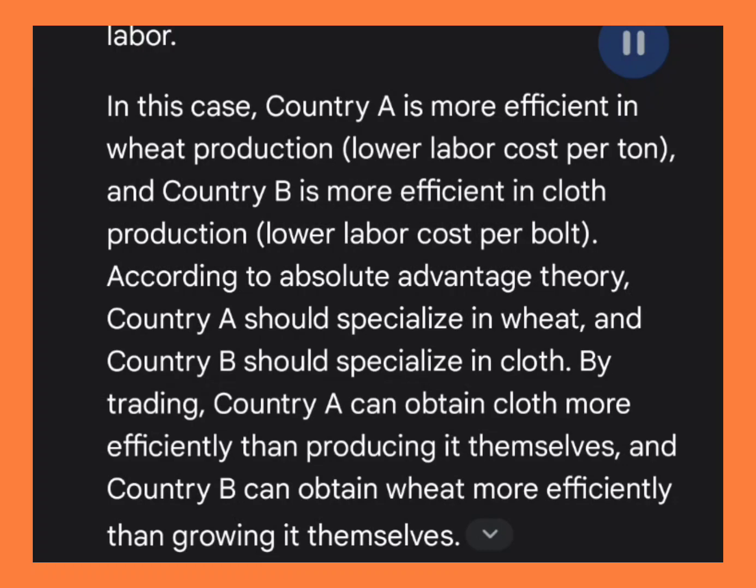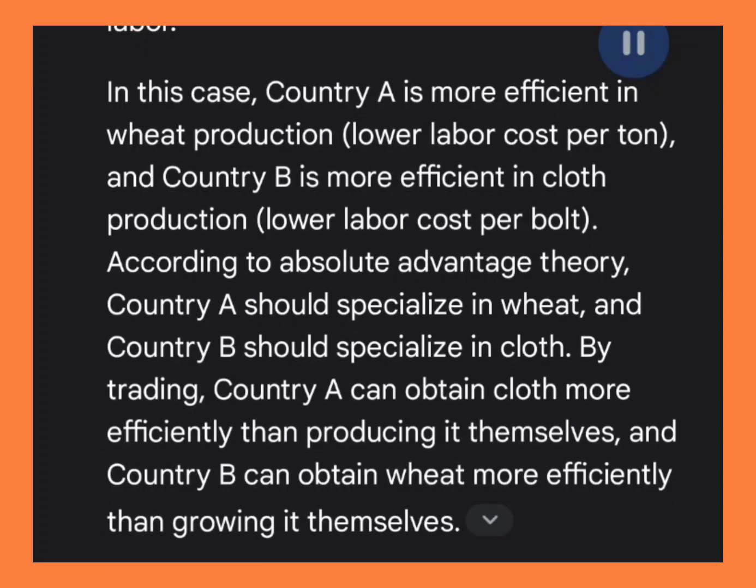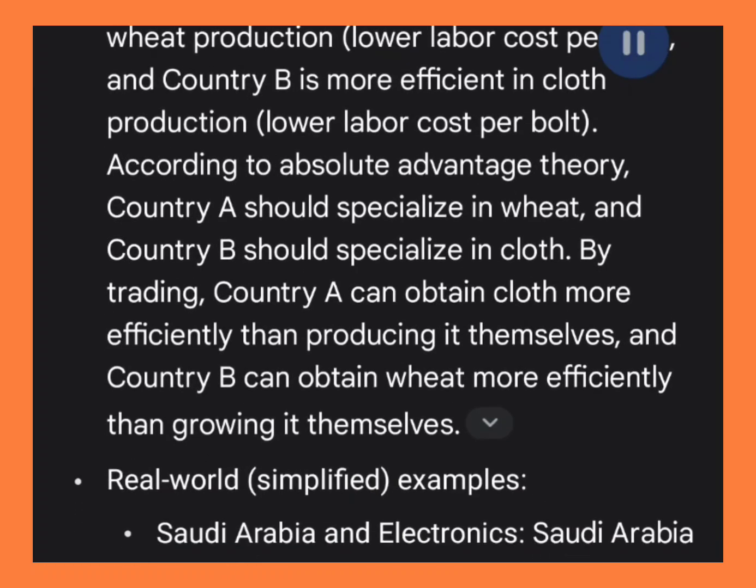According to absolute advantage theory, country A should specialize in wheat, and country B should specialize in cloth. By trading, country A can obtain cloth more efficiently than producing it themselves, and country B can obtain wheat more efficiently than growing it themselves.